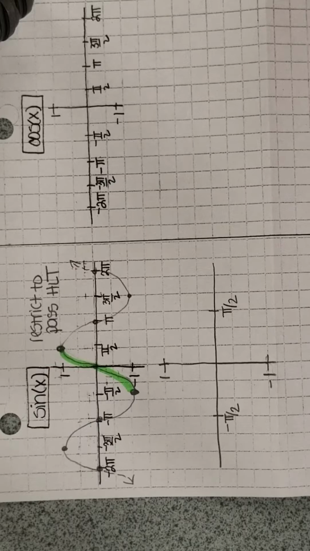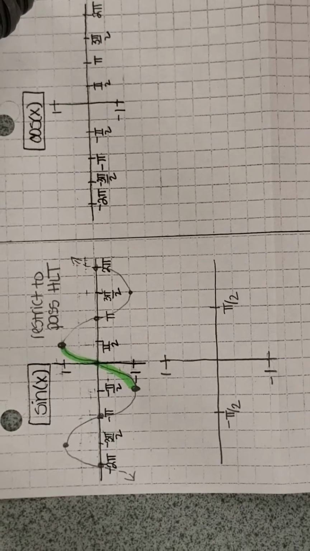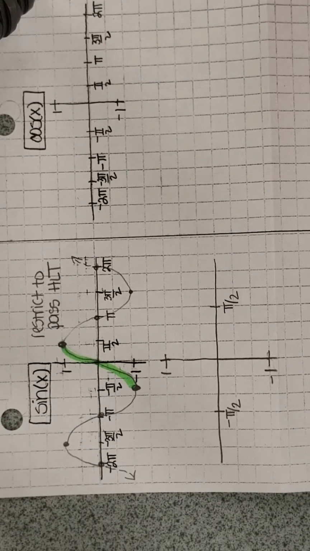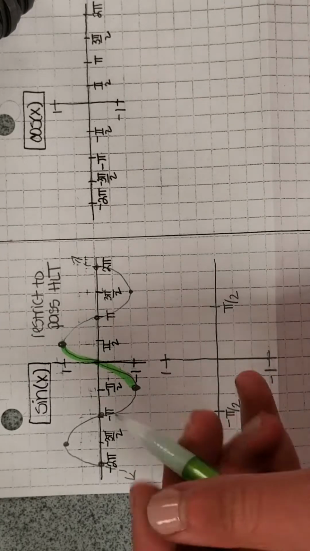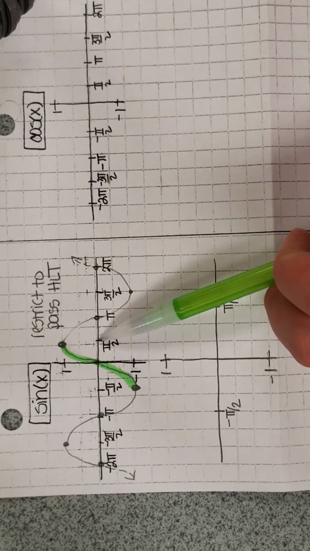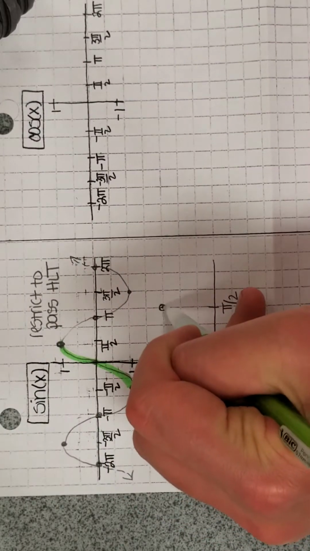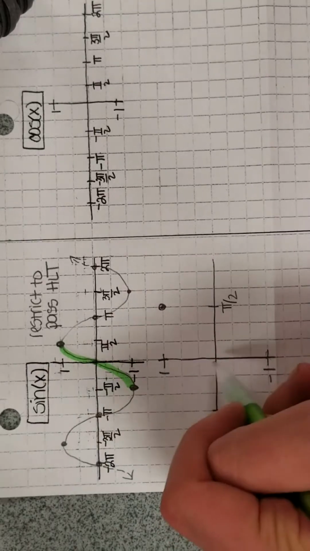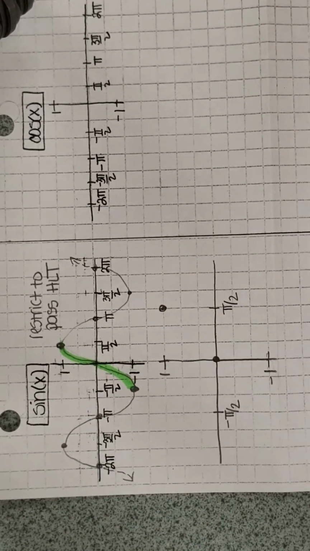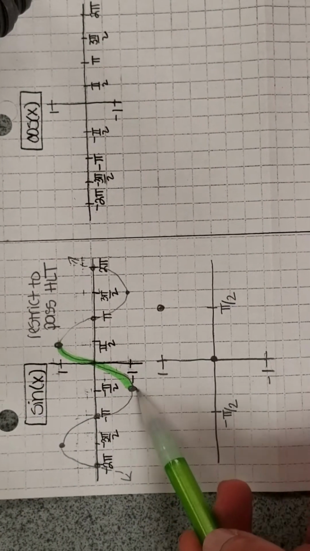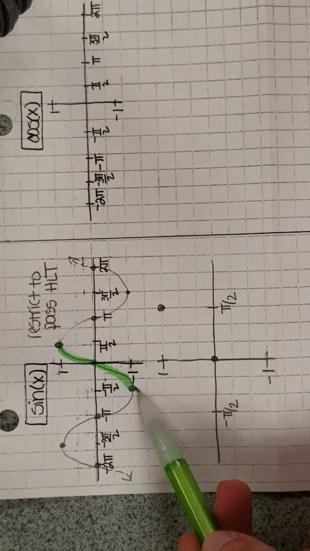And there's really no importance to that, it's just how I'm choosing to use my space. The reason I chose these values was because if I look, the restriction is right here at pi/2, 1, passes through 0, 0, and then here, -pi/2, -1.